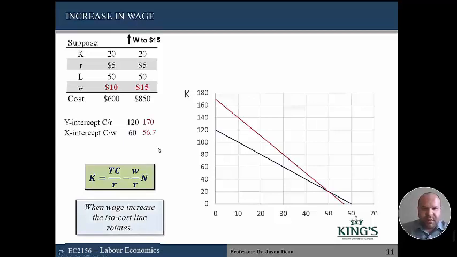So this is the new ISO cost line. They're both going through the point (20, 50), because we're picking the point capital of 20 and labor of 50. When the wage increases, it rotates the ISO cost line around this point.